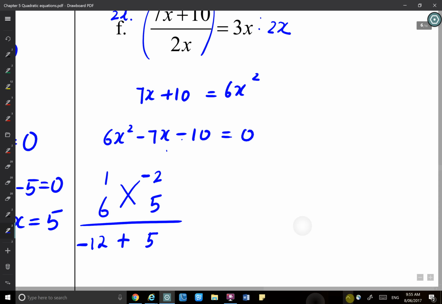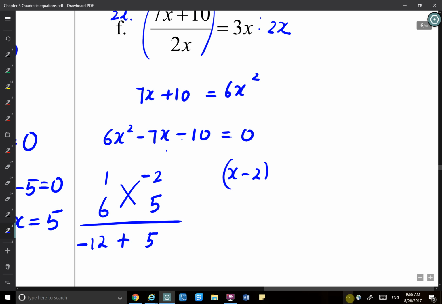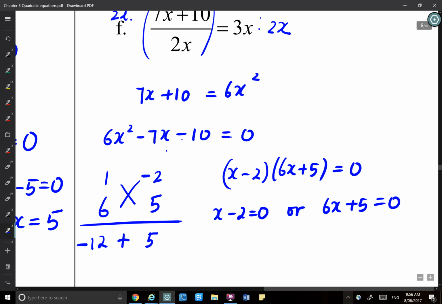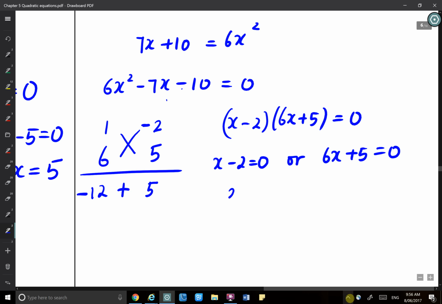And I have x minus 2, 6x plus 5 equals 0. So x minus 2 equals 0 or 6x plus 5 equals 0. x equals 2 or x equals minus 5 over 6.